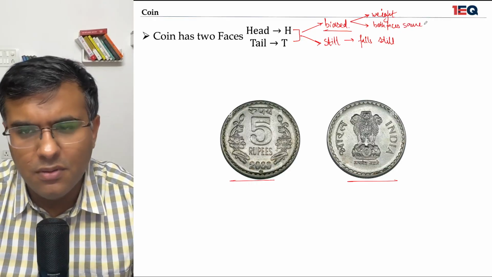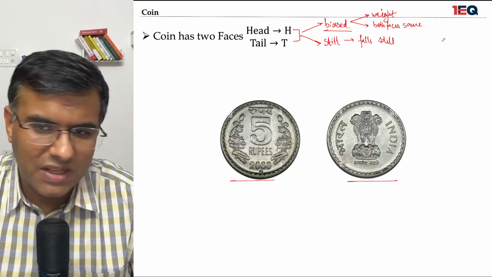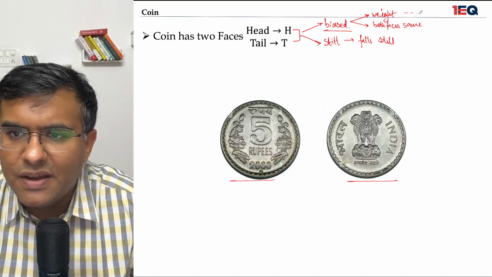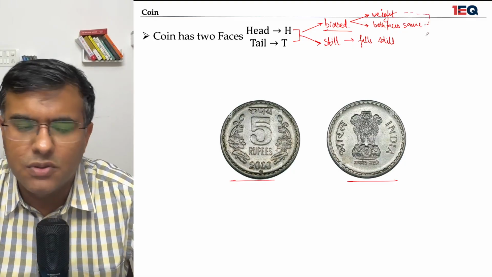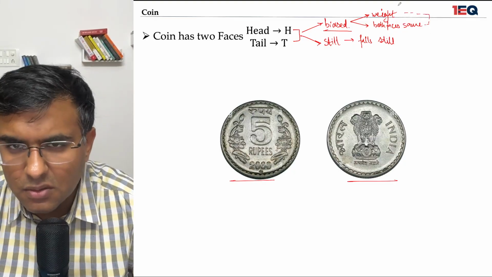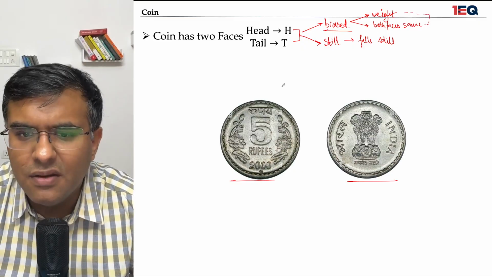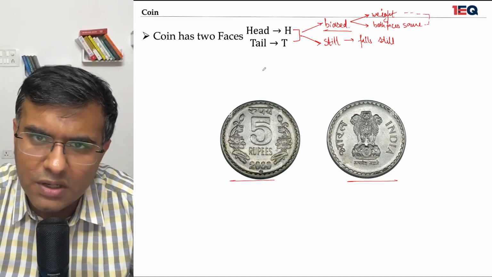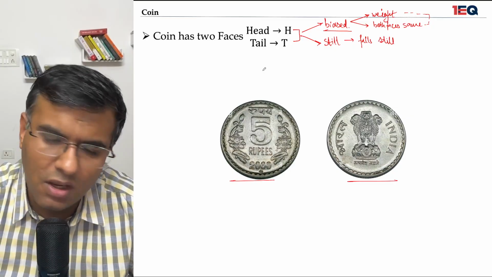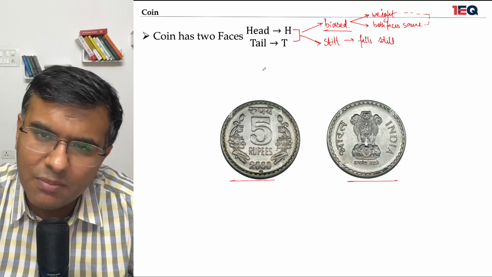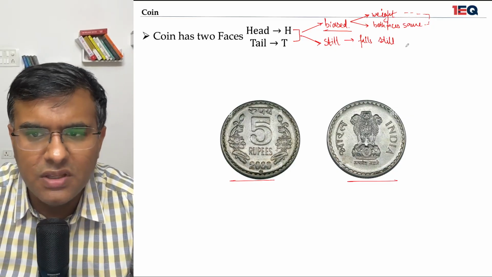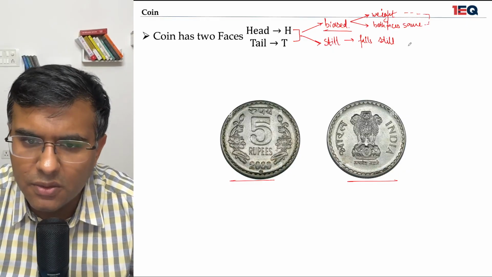When does that happen? Let's assume you wish to unfairly win a battle or you wish to cheat. That's when you take the coin which has the same faces. So these are the two cases when you are not in a fair game, or luck would not be on your side, it might be on your opponent's side. So these two cases would not be taken into consideration.